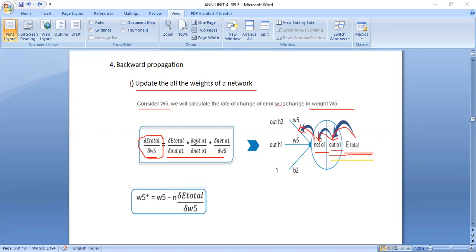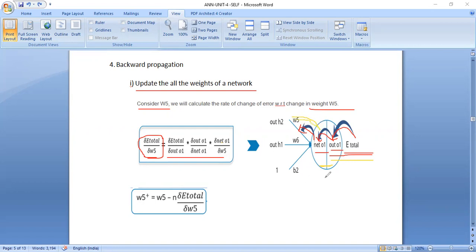Next, dou output O1 by dou net O1, this is second. Next, dou net O1 by dou W5.